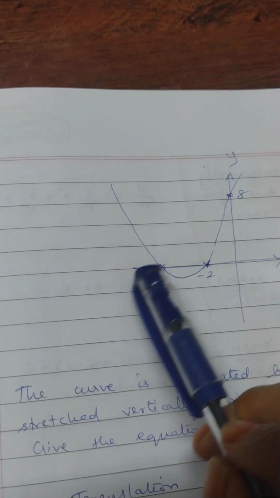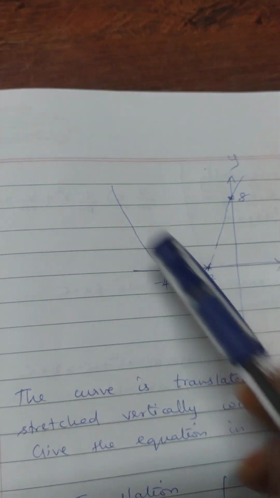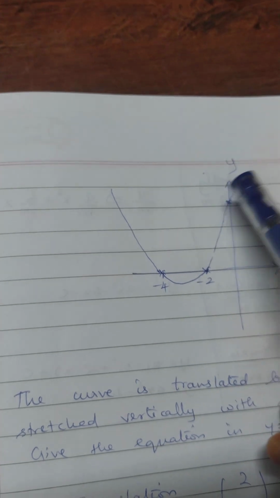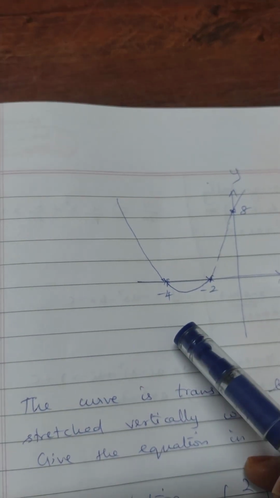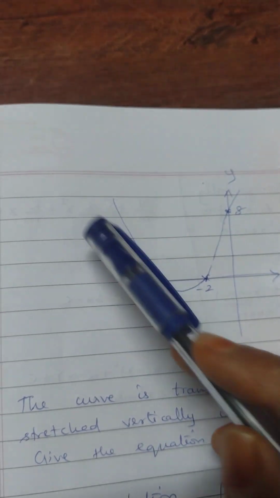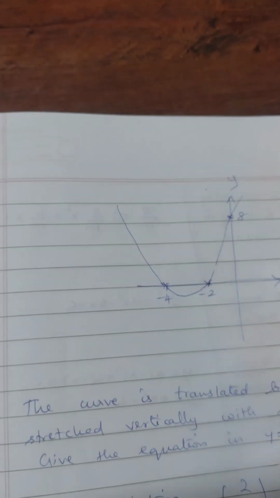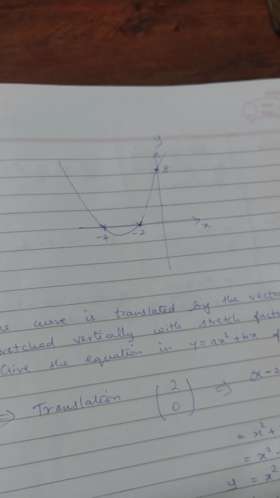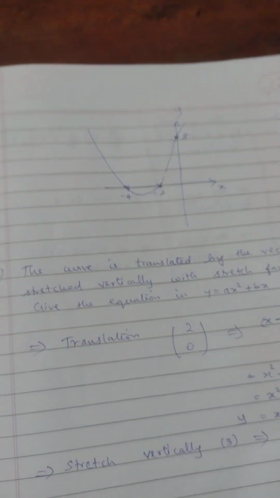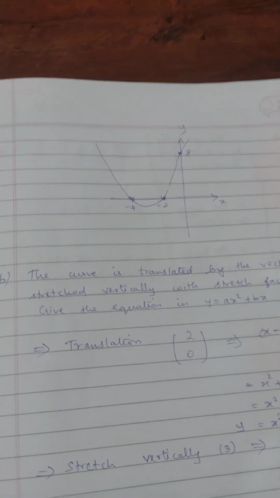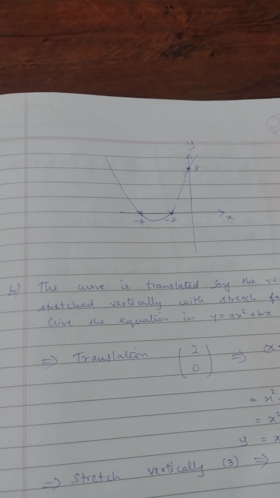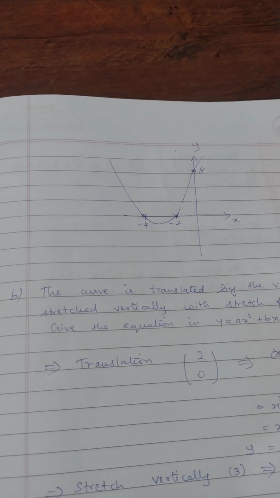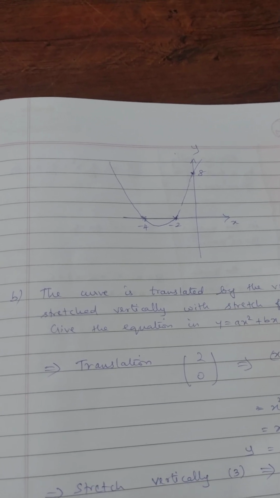And after finding those points, I just draw a parabola. I'll have to join these points, and since the parabola is going to be symmetric around its midpoint, I'll have to extend this on the other side also. So this is how I'm going to sketch any diagram. And keep in mind whenever you're sketching how to find the intercepts: if it's going to cross the y-axis, that means x is equal to 0.